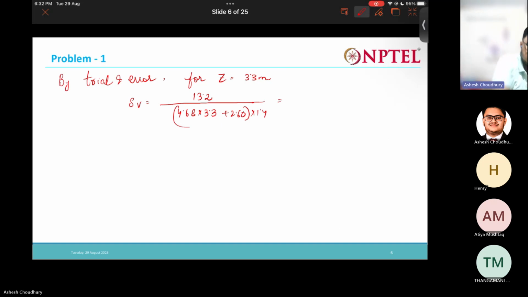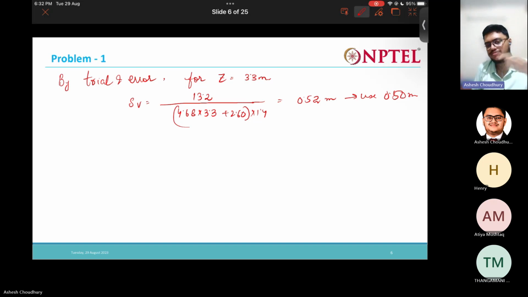Let us see. It is 0.52 meters. So we can use 0.50 meter.